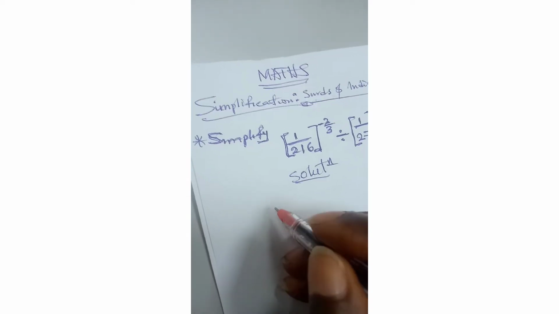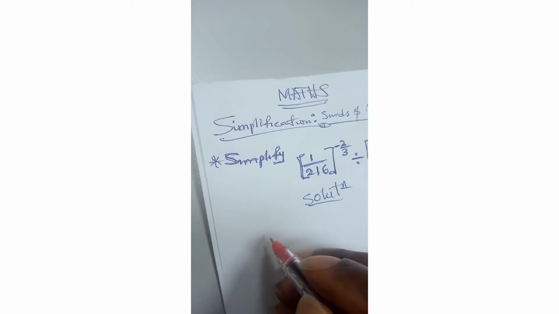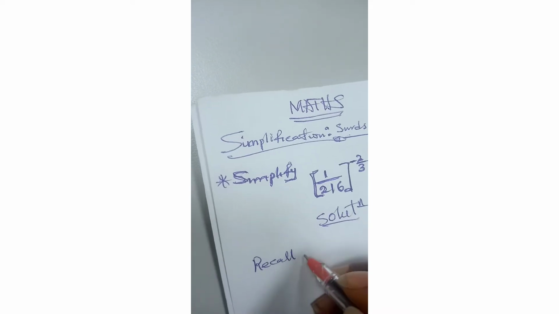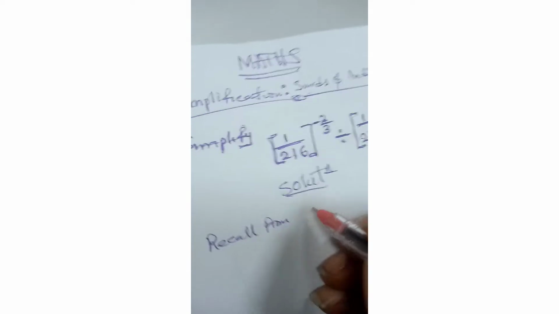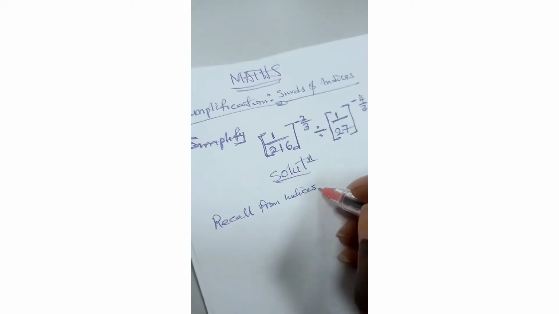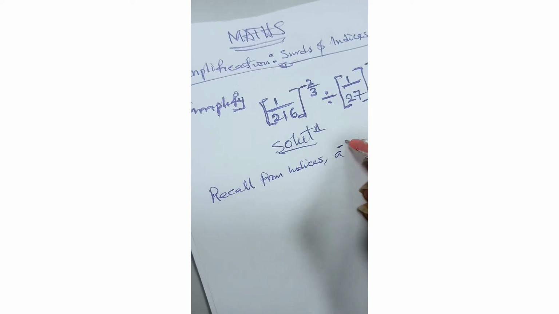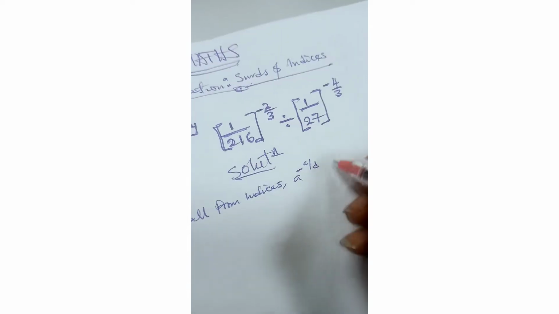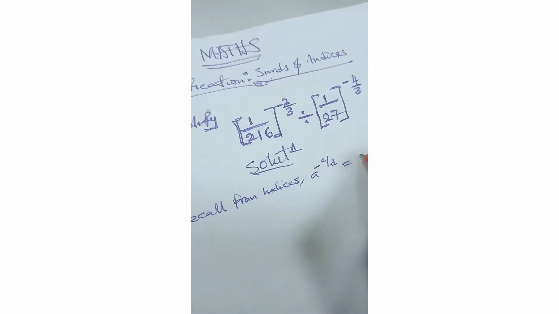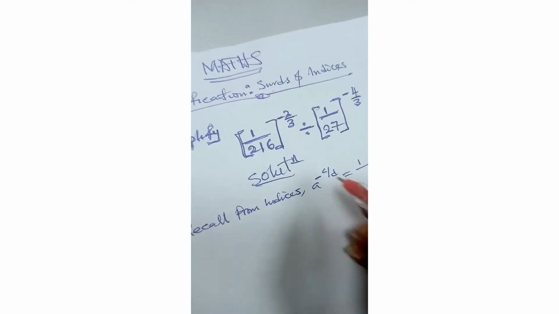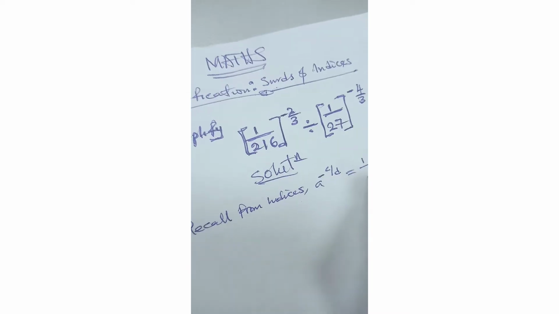Now, to solve this question, we write: remember or recall from indices, or let me say law of indices, when a is raised to a power of minus c over d, the rule says this minus will turn to 1 over, then the a will carry the power.